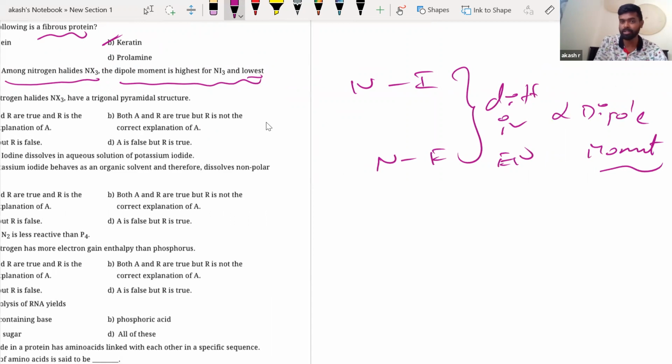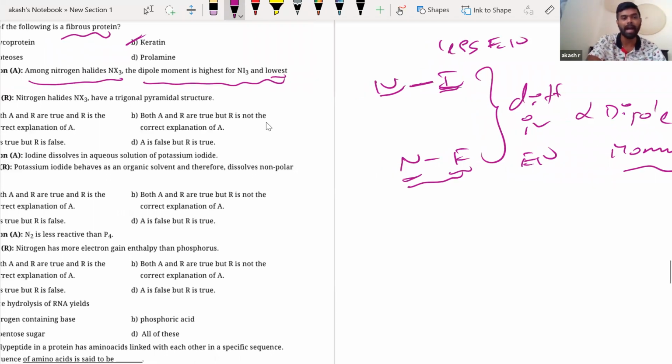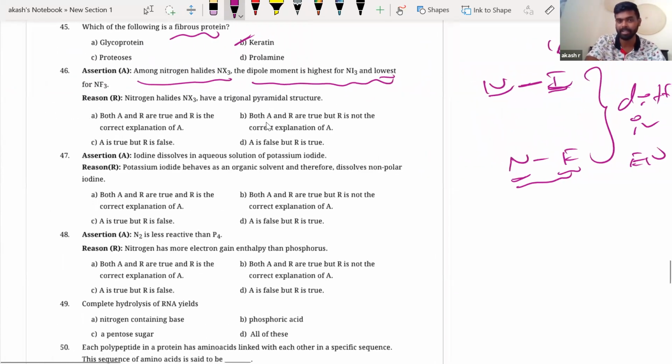Now you see, fluorine is highly electronegative, and nitrogen is okay electronegative. There is very little difference in electronegativity. But iodine is less electronegative, and nitrogen is more electronegative, so there is more difference in electronegativity. So the assertion is right. Among the NX3, NI3 will have the highest dipole moment, NF3 will have the lowest dipole moment.